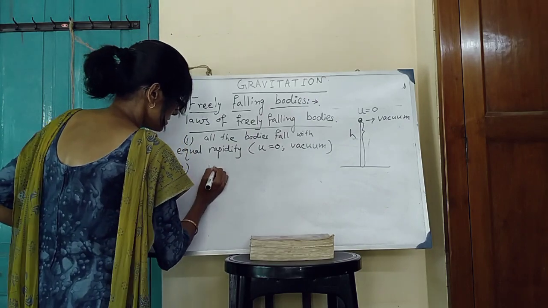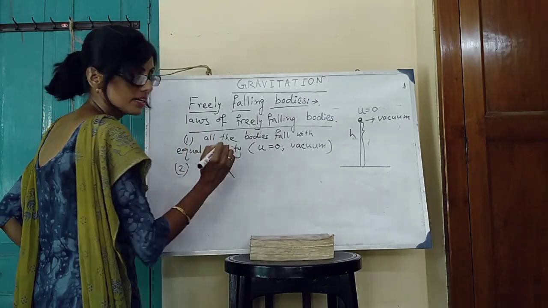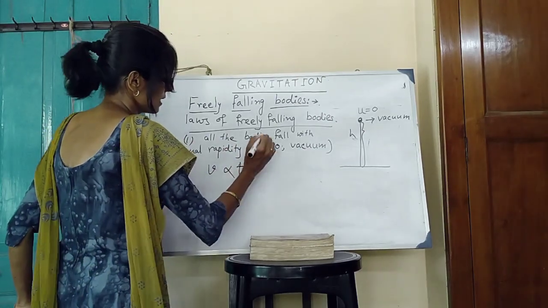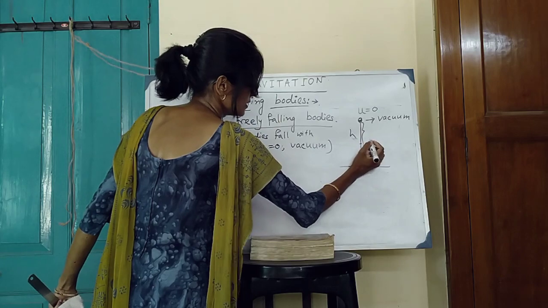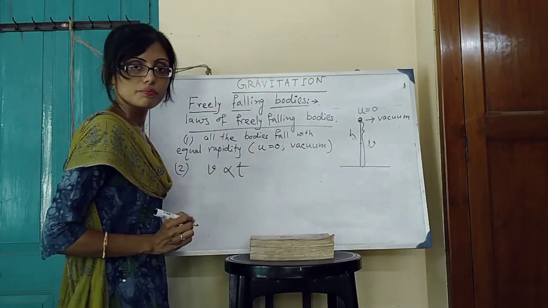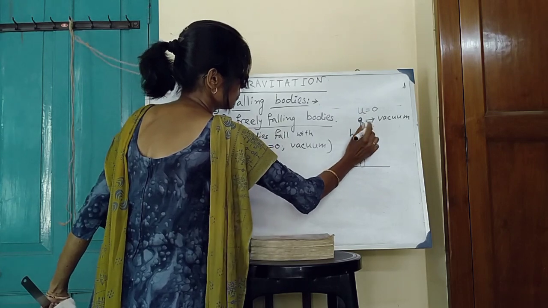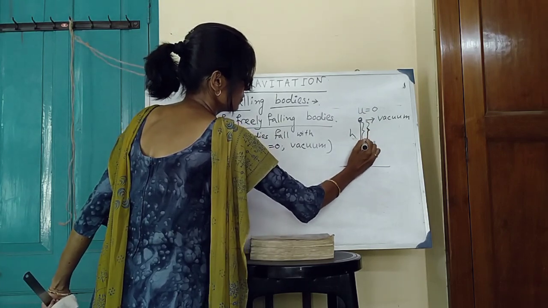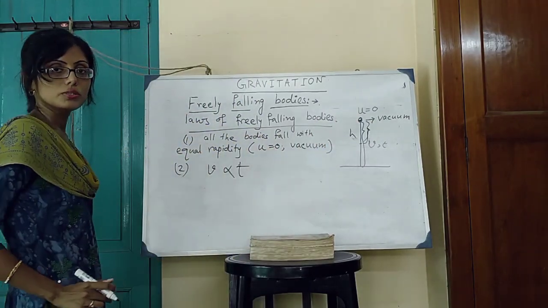Then velocity of our body at any instant v is directly proportional to the time of falling t. Suppose at a particular point the velocity of the body is v, and the time taken by the body from initial position to that point is t, then v is proportional to t.